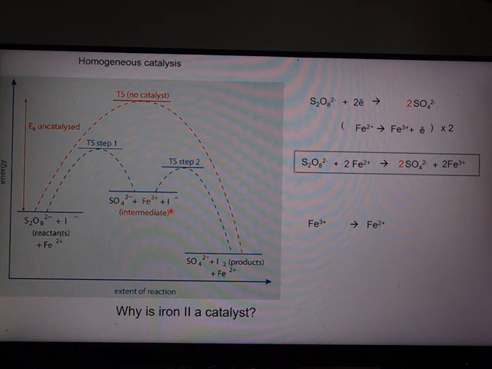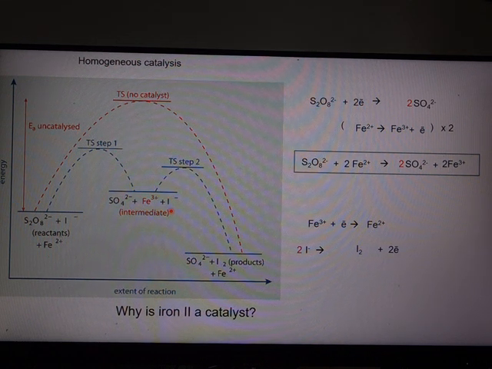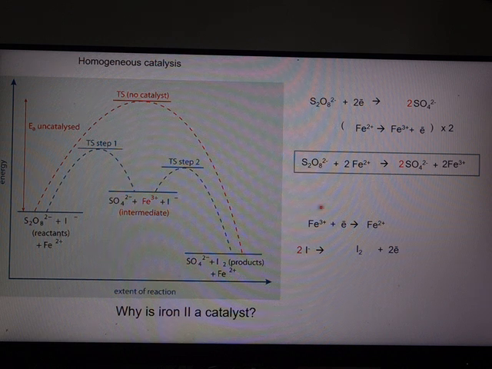So iron 3+ is going to turn to Fe2+ by gaining an electron, by being reduced, and iodide is going to be oxidized by losing 2 electrons. So here I have 1 electron and 2 electrons, so I will need to multiply also this one by 2 to combine the 2 together.